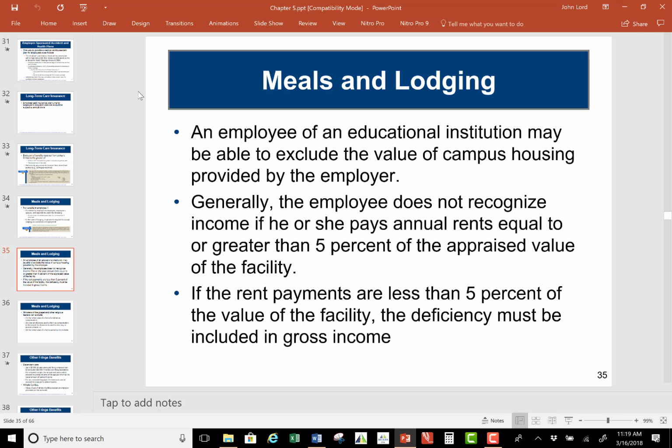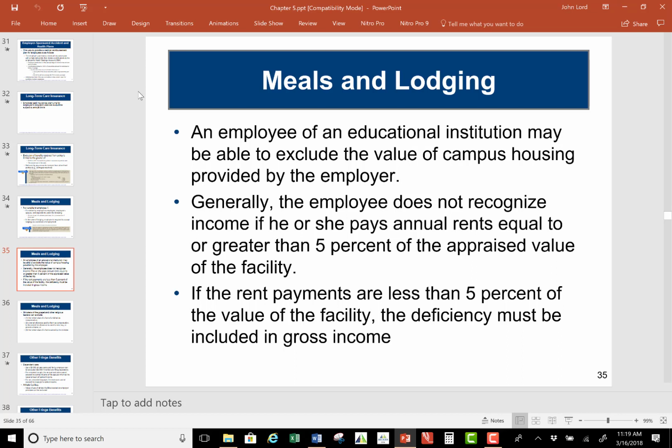So this is an educational institution providing campus housing like the dorms or something like that, right? In other words, they'll let you not include the portion that's not the 5%.